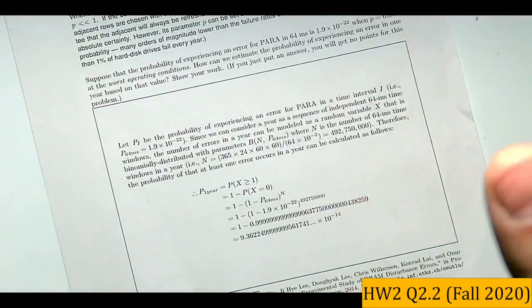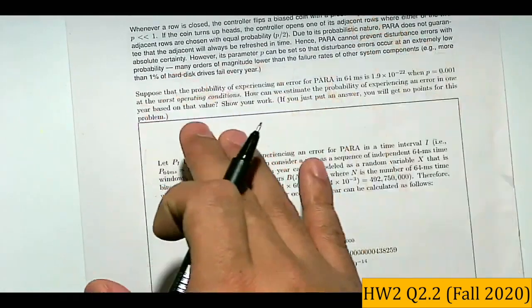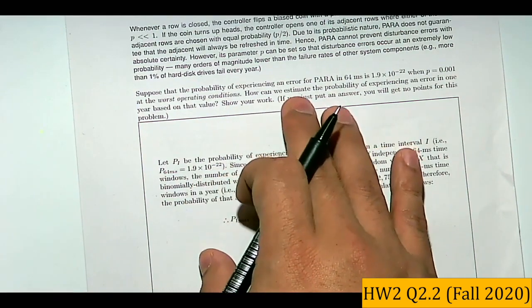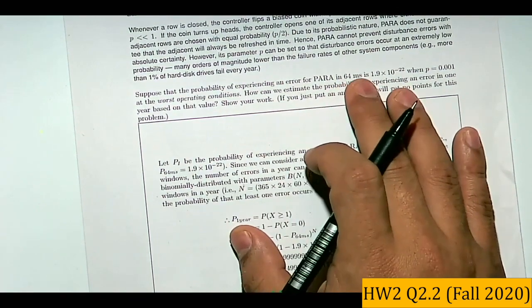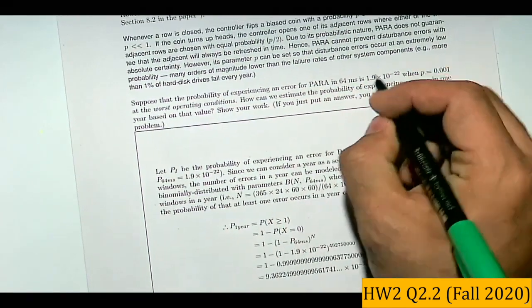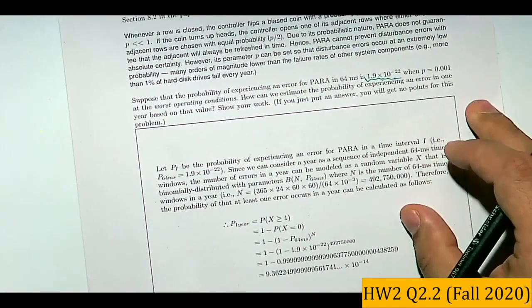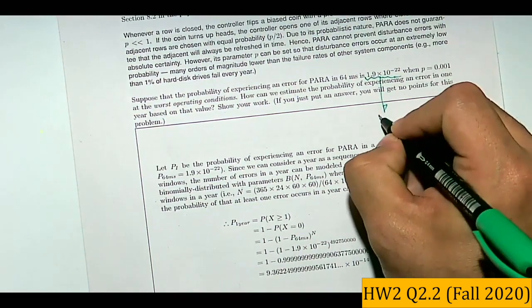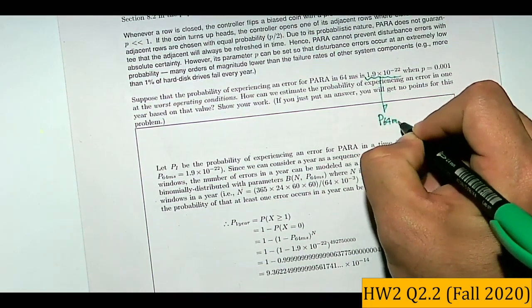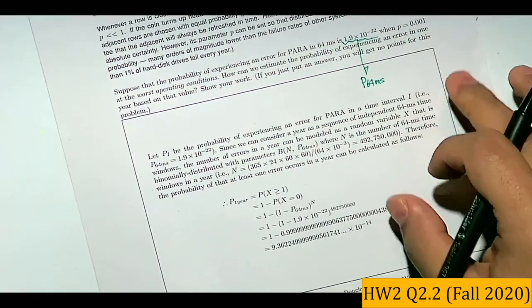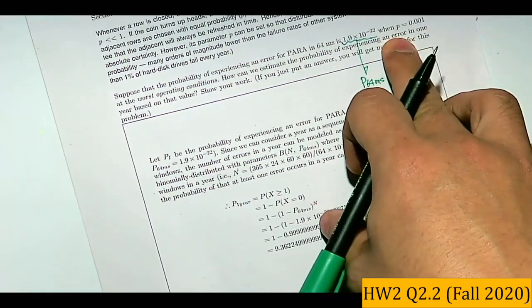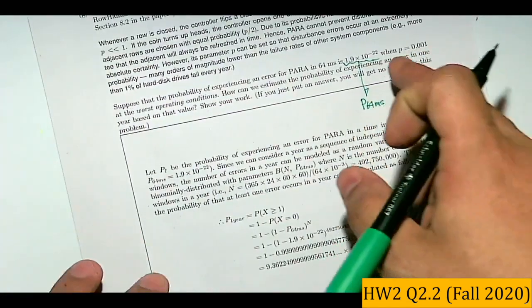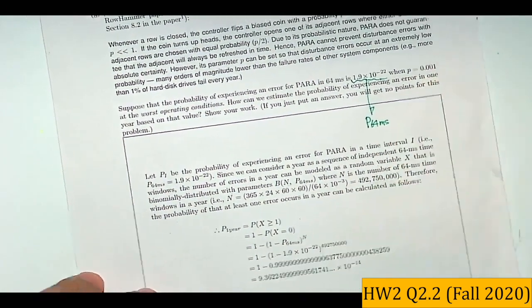We know the probability for PARA to experience an error in 64 milliseconds, which is very small, and let this be P64 millisecond, when the probability parameter in the PARA technique is just 0.001.